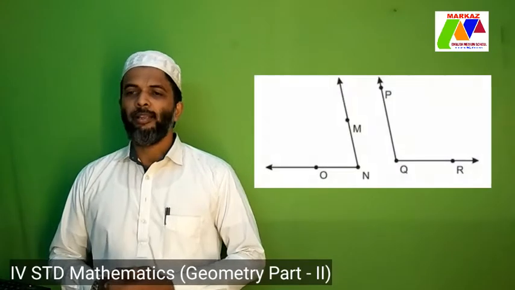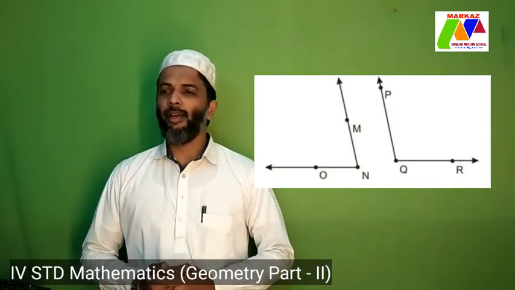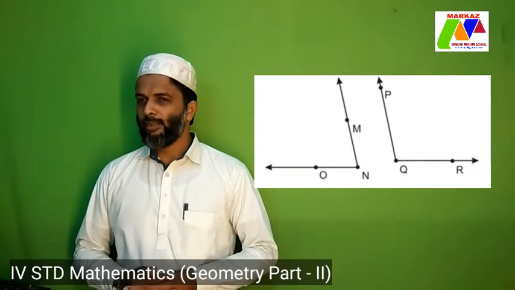Okay, an angle is the figure formed by two rays. An angle is formed at the common end point. An angle is denoted by the symbol ∠. For example, there are two angles, angle ONM and angle PQR. How do we write these angles with symbols?